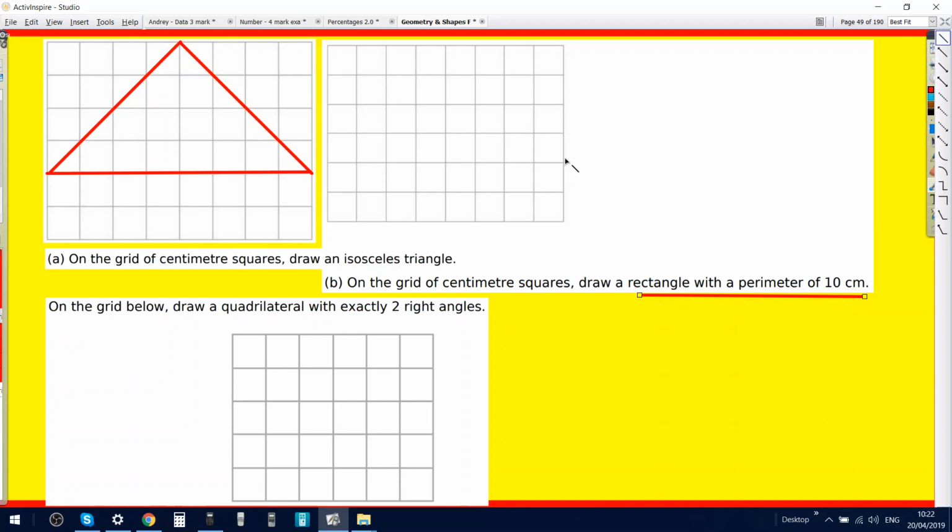Oh wait, perimeter's adding them all together. So all sides have to be 2.5. You could do it that way, yeah. So 2.5 each. I think technically that'd be a square, but that's fine.